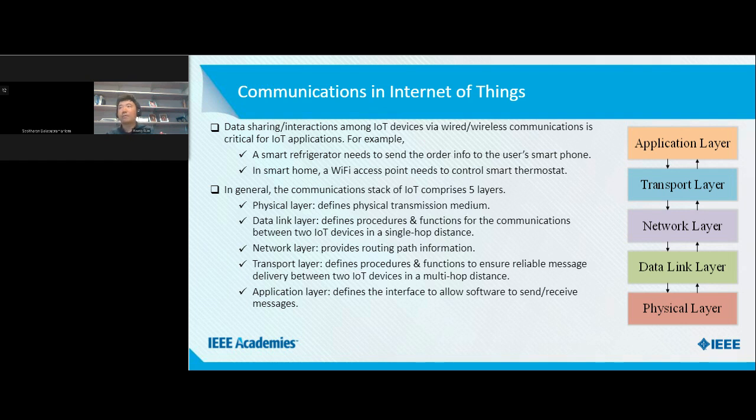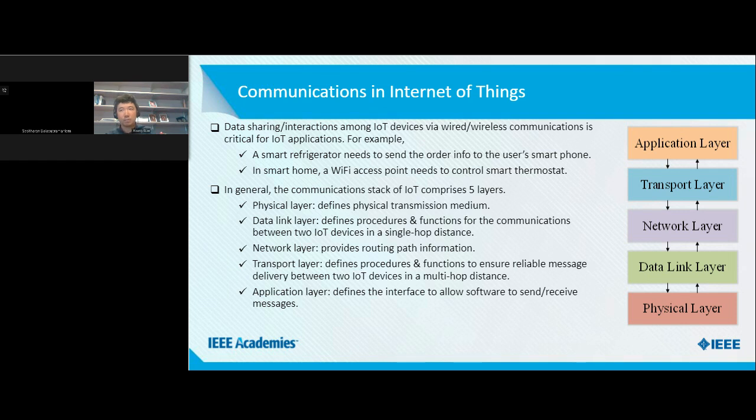It comprises five layers: the physical layer, the data link layer, the network layer, the transportation layer, and the application layer. There are different kinds of protocols involved in each layer. In this talk, I will just give you a very brief introduction to the functionalities provided by the different layers.